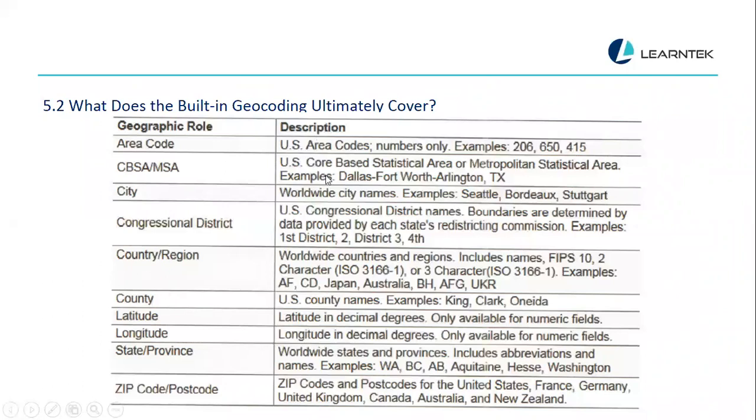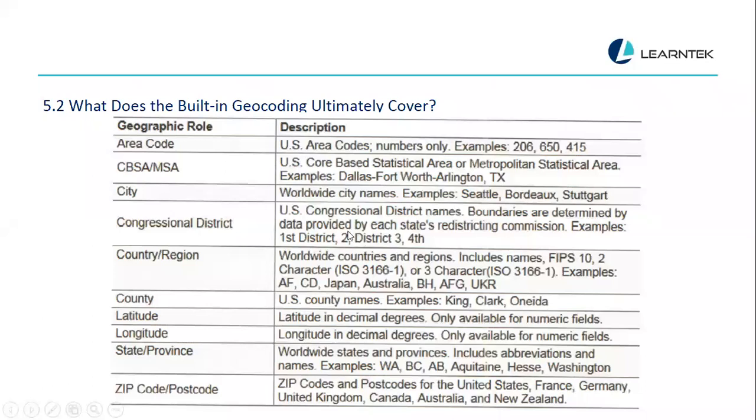Tableau can automatically detect the lat long for these codes and then generate the map automatically. If you have area codes, for example 206, 650, 415, Tableau automatically generates lat long for them. Similarly, if the text is like Dallas-Fort Worth-Arlington, or TX for Texas, even if the geo field has these items as members, it can identify them and generate the lat long.